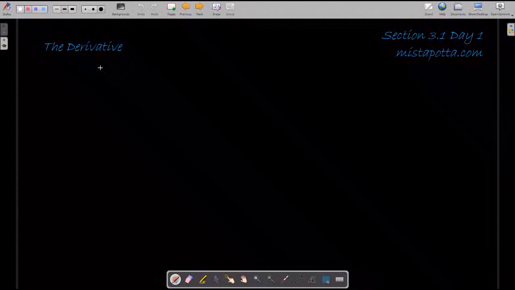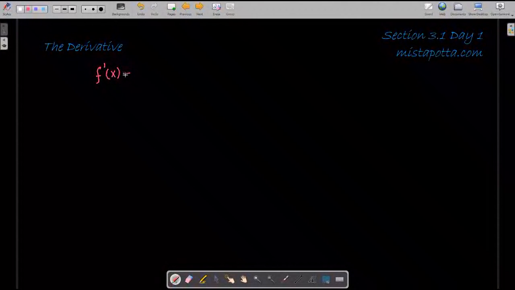And so our notation says that we write our function's name with a prime symbol. So I can talk about f prime of x being the symbol for the derivative function.